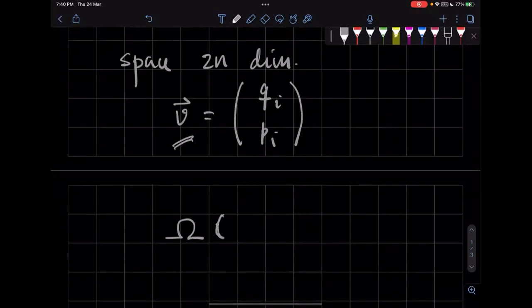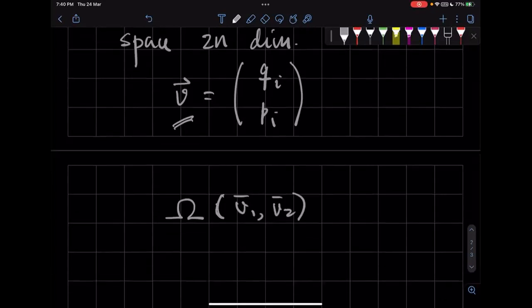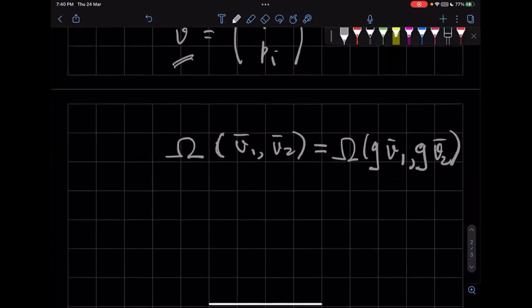So it takes, say, v1 and v2, but there's a symmetry that if I apply a matrix on v1 and the same matrix on v2, then this two-form is invariant. And the matrices which satisfy this are part of what is known as the Sp(2n, R) group.